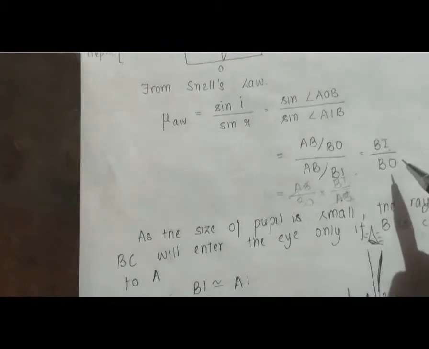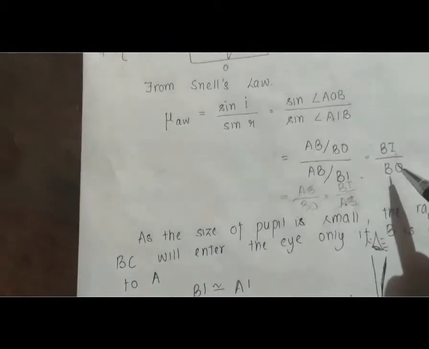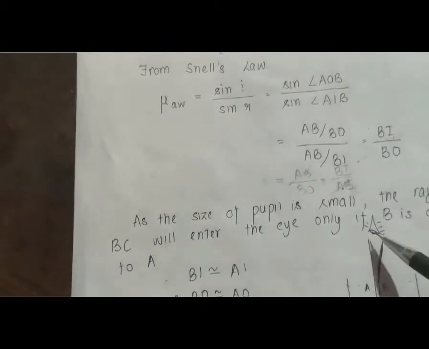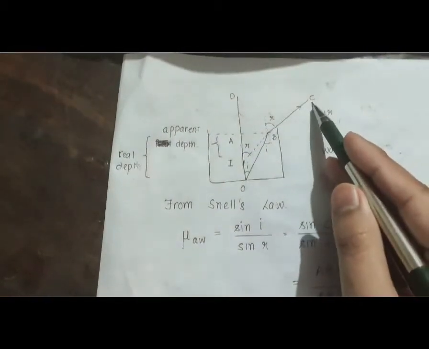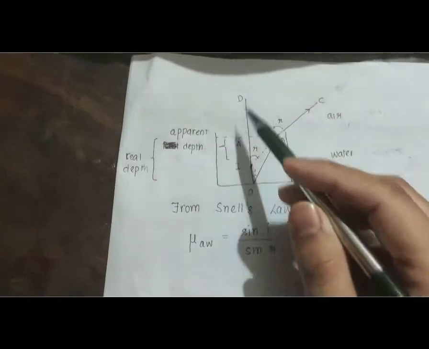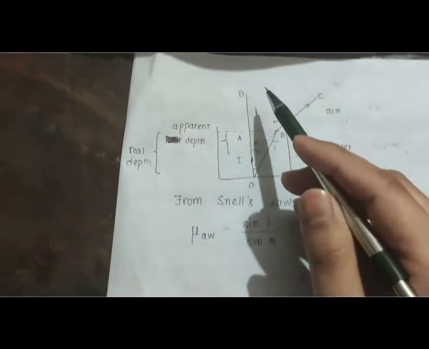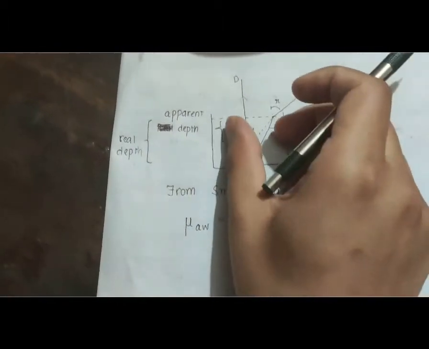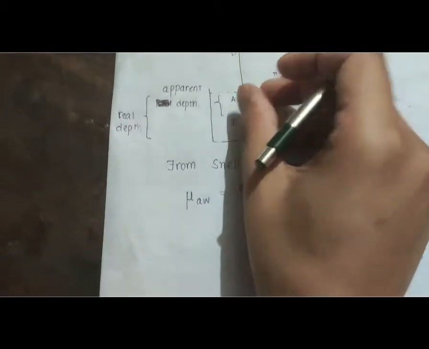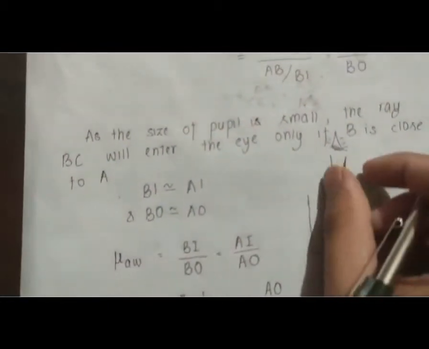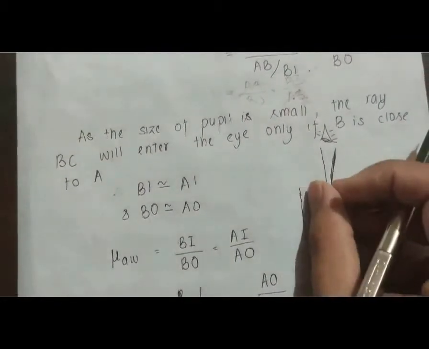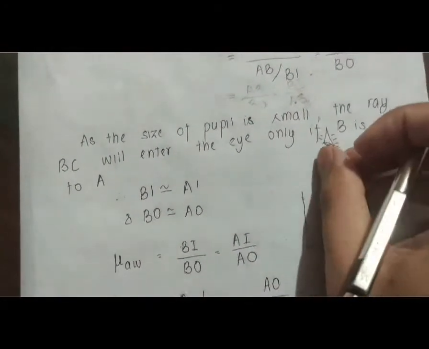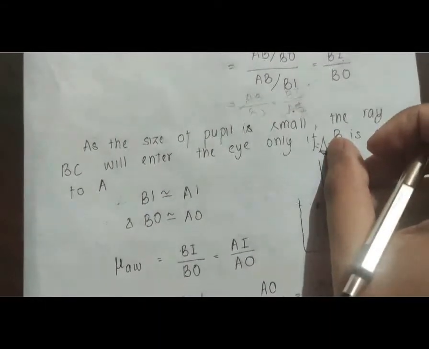Now, pay attention carefully. Since your human eye is small, and generally we are looking at the point C to see the light which is coming out of D, what do we have to do? We have to make these two points very close to each other. So we will put these points A and B as close to each other so that they can be viewed by your normal human eye.